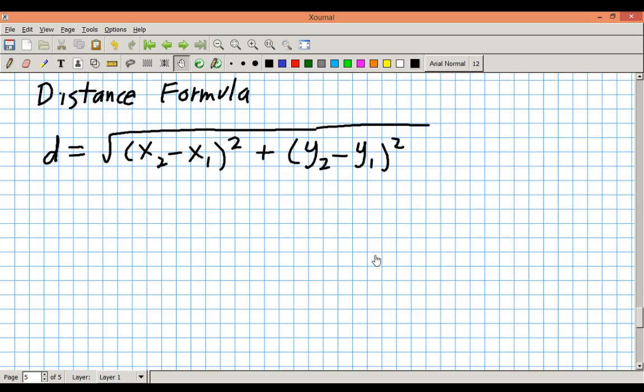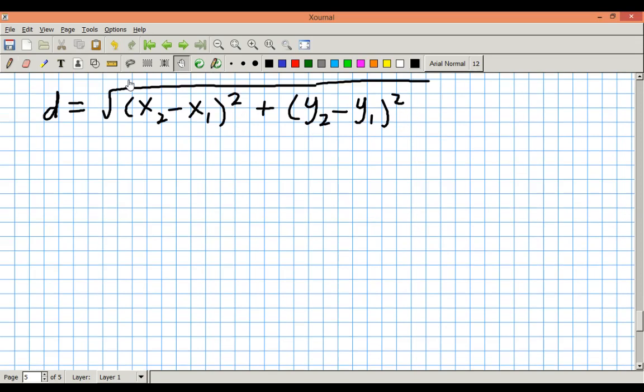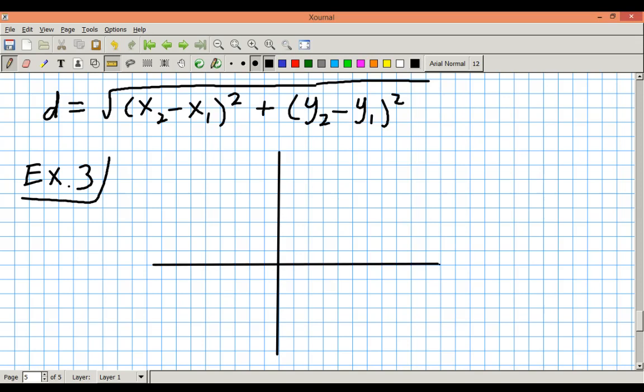All right, so let me give an example for that. This will be, I guess we're on example 3. Sometimes I'll lose track. So we're going to put some points on the coordinate system here. Point A is at 0, 3.